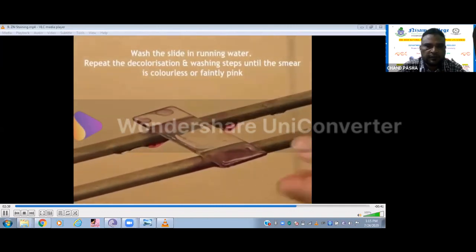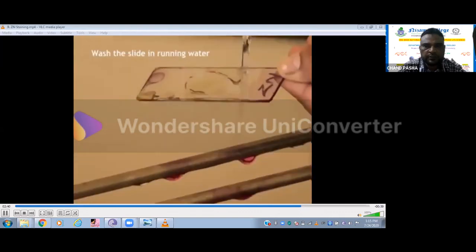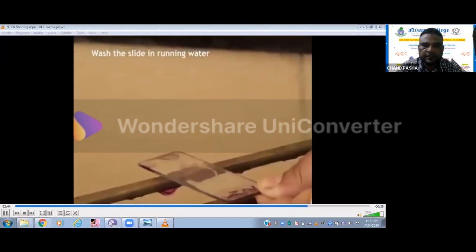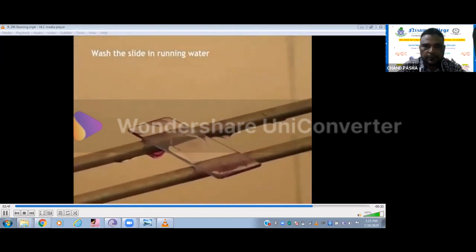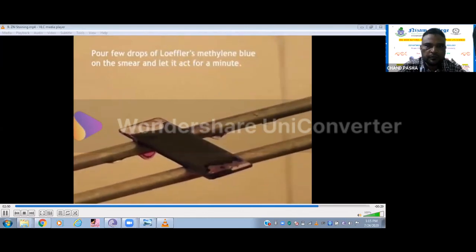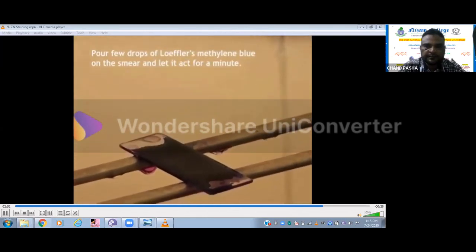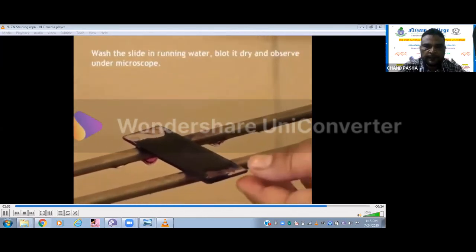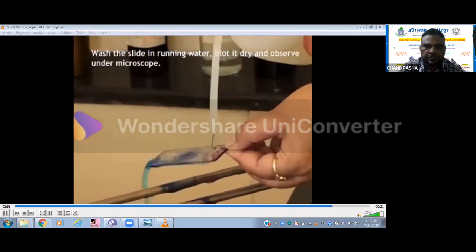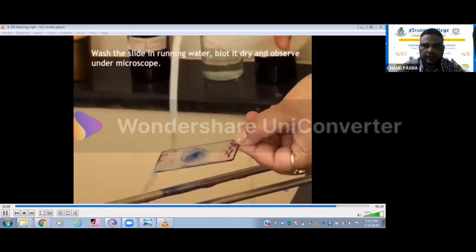Then after decolorization, you wash it with water so that any excess acid and alcohol will be washed out. Now you do counterstaining with methylene blue. Few drops of methylene blue you drop over there, and dry. Wash it and dry and see under the microscope.